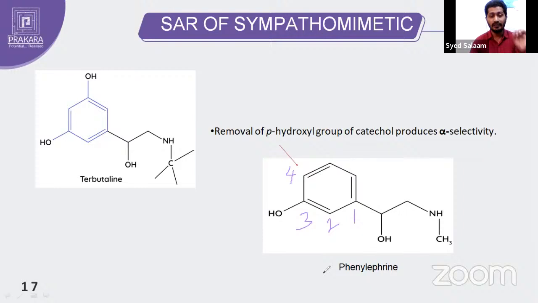So if you are specifically targeting the alpha receptors, you select a compound having a hydroxyl only at the 3rd position. An example is phenylephrine. Terbutaline has a long duration of action because of this resorcinol.